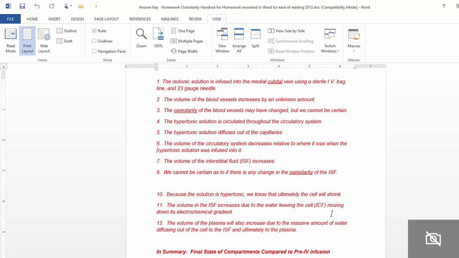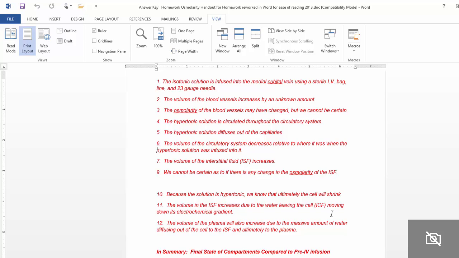So then what happens to the volume inside the cell? Well, it decreases. So if the volume of water inside the cell decreased, what must have happened to its osmolarity, even if you don't know what the osmolarity is? What has to have happened?